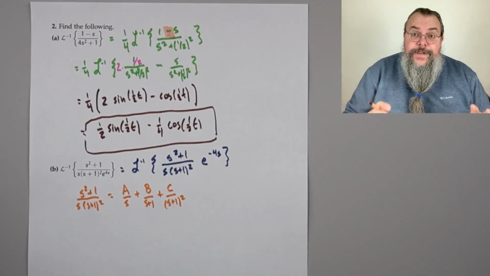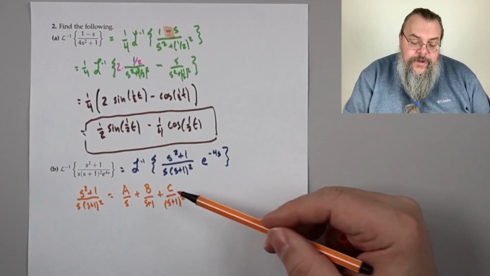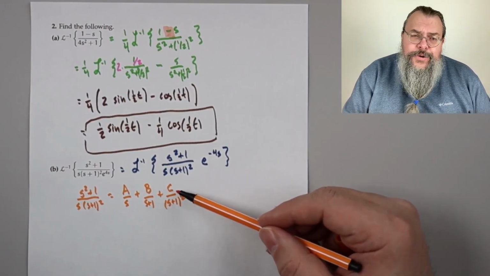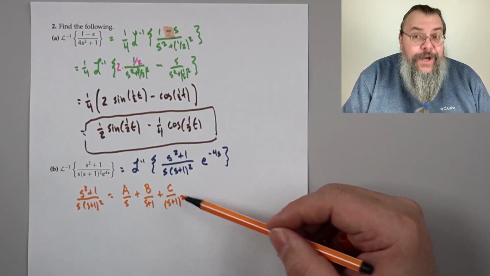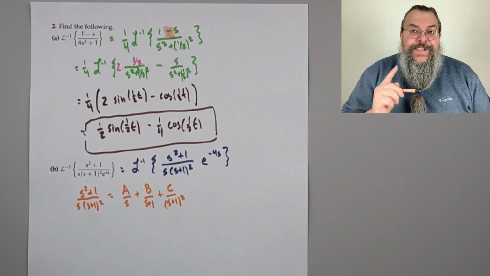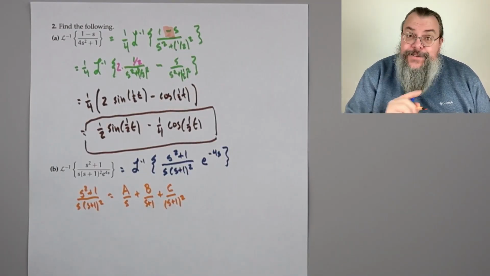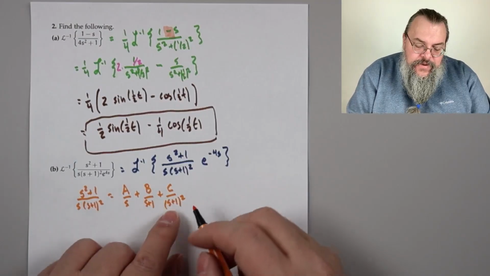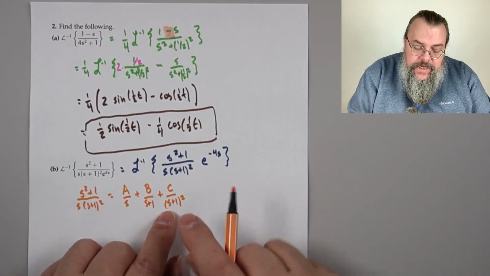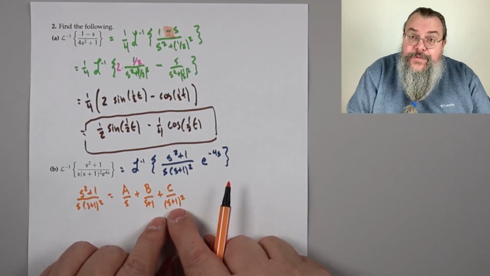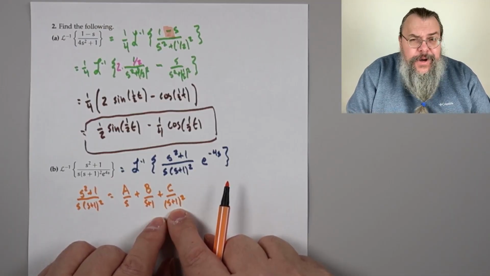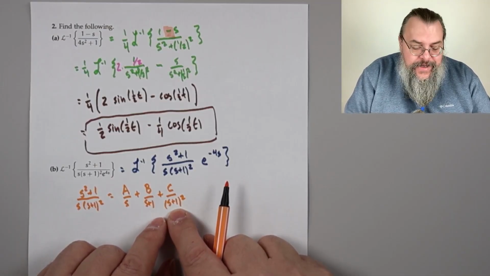Now, this is a place where sometimes people are like, shouldn't that be a cs plus d? Careful. The answer is no, because what you're looking at is the inside, s plus 1. That's what we would call linear, not irreducible quadratic.